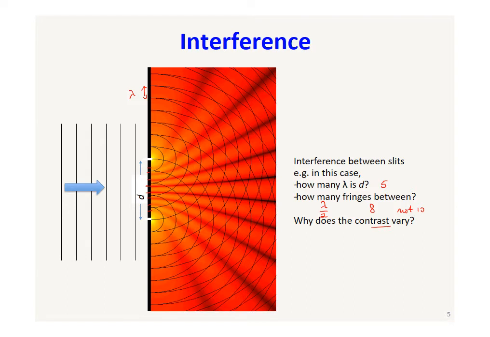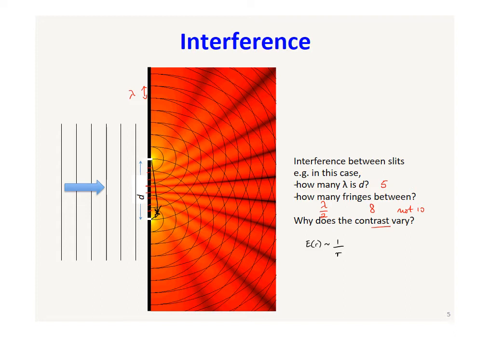Now, the reason the contrast varies, let's change color and let's consider a point here that's very close to 1 slit but quite far from the other slit. Now, we know that the electric field in a spherical wave is going to decrease as 1 over r.